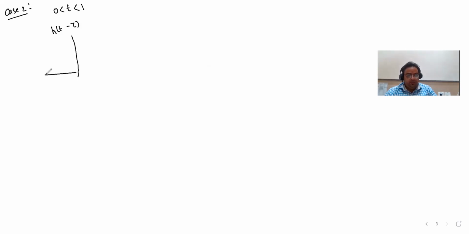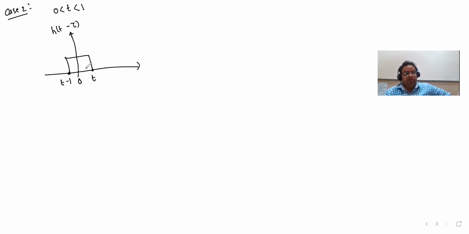Our h of t minus tau will look like this kind of waveform. Here this is basically t only, and this is t minus 1. Since this t is greater than 0, and since this t is less than 1, t minus 1 will be less than 0.